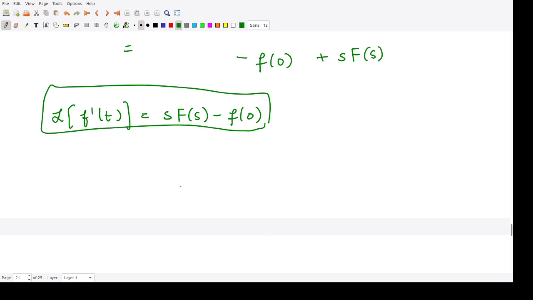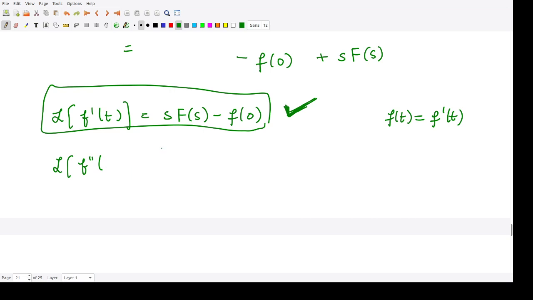Next we will apply this property again on the second derivative. Now instead of f of t, your function is f dash t. In that case, the Laplace transform of this second derivative would be equivalent to s into F of s.